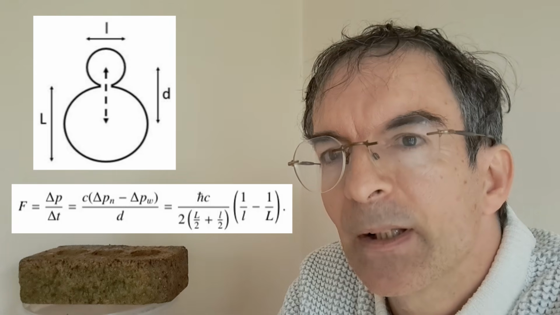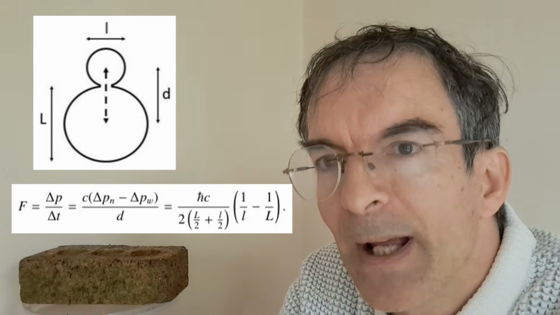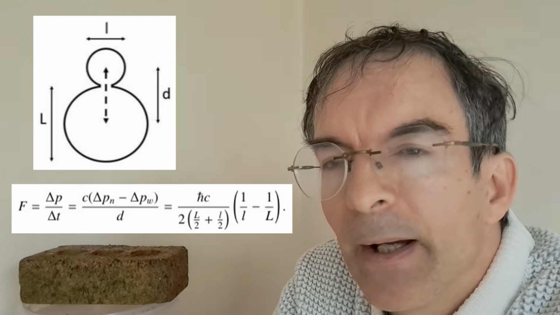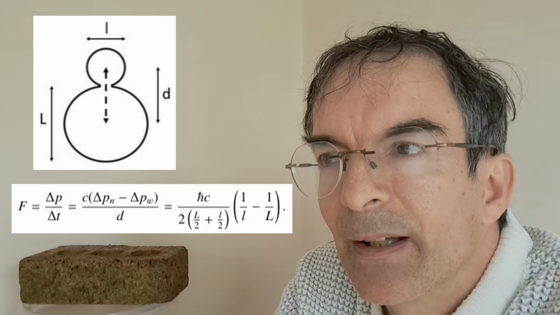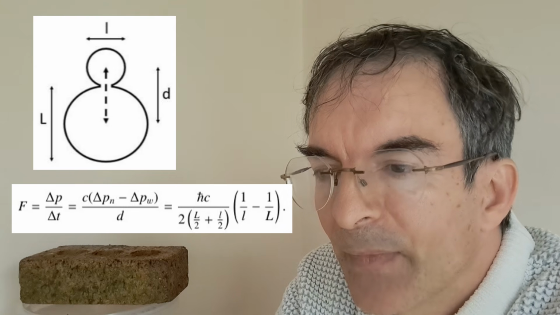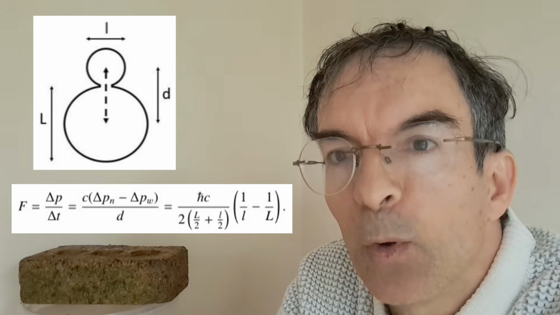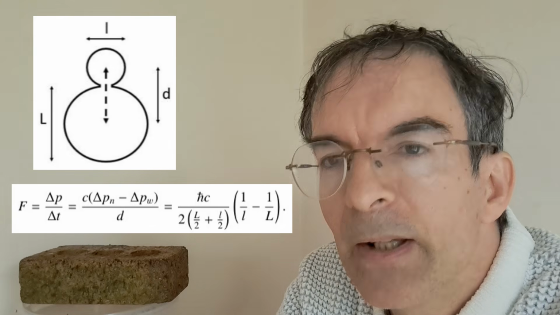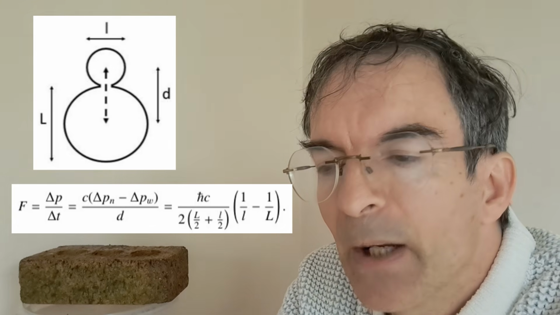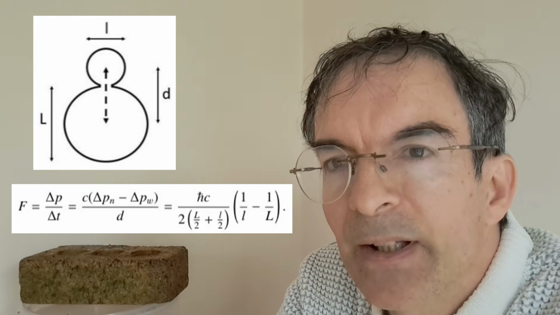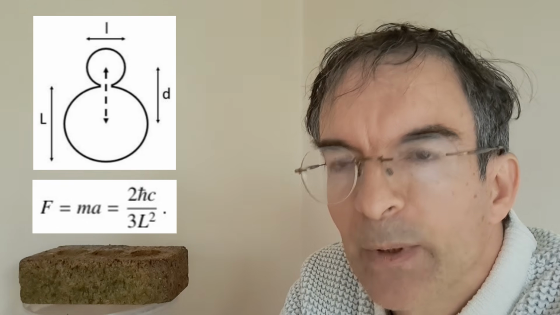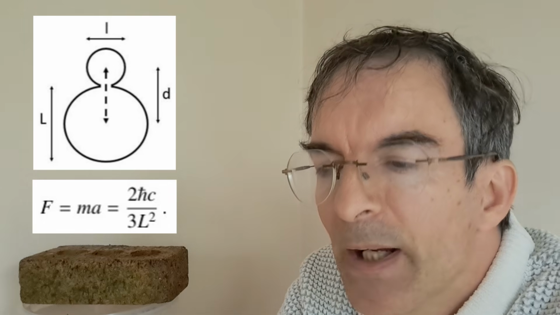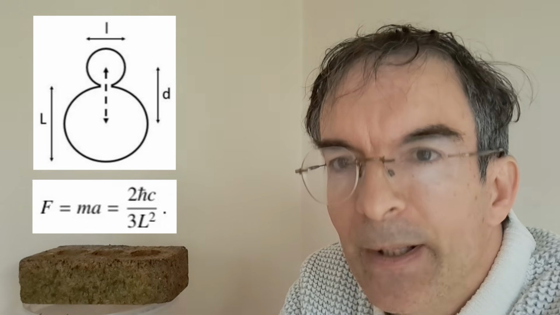And this is a particular function of small l and large L. And if you assume that large L is 2 small l, then you can pare this down to a formula like this, where the force is mass times acceleration, which we already know, is 2h bar c over 2l squared.